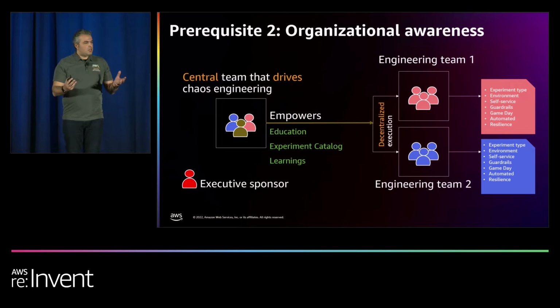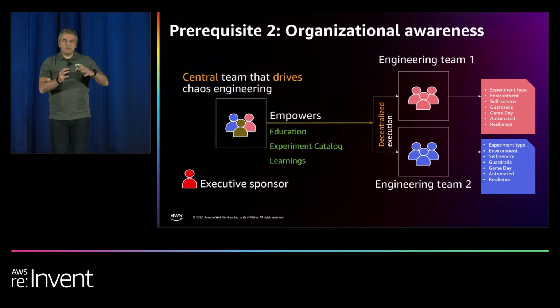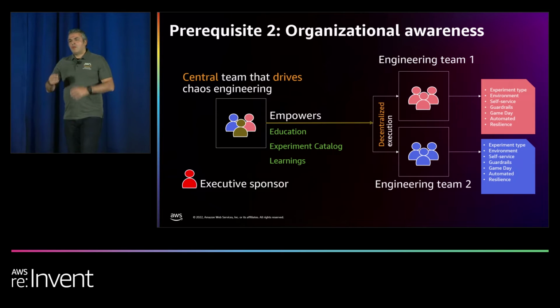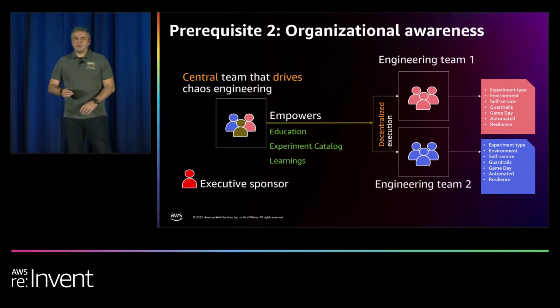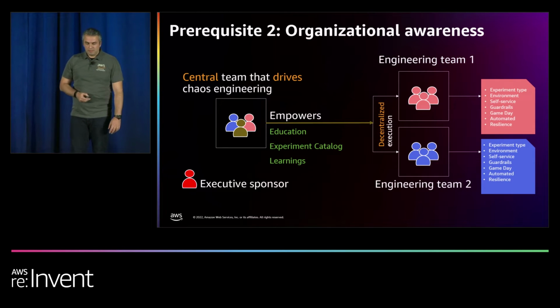And so it's much easier to help them run experiments than having a central team that runs it all. And that also helps with building customized experiments for those various development teams that they can eventually share with others, along with the learnings that came out of it.